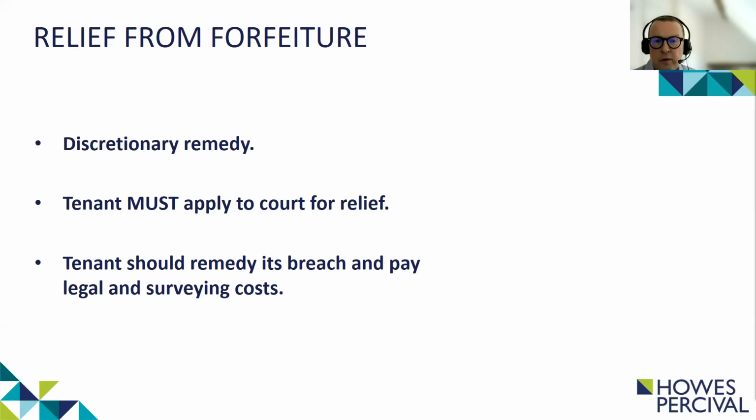Parties like banks can seek relief from forfeiture, but it's a discretionary, equitable remedy. The tenant must apply to court for relief, and the tenant should remedy its breaches prior to getting relief.